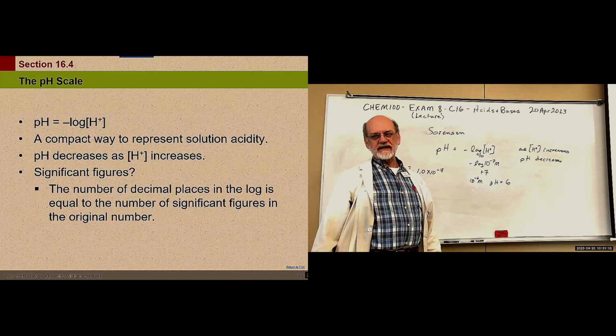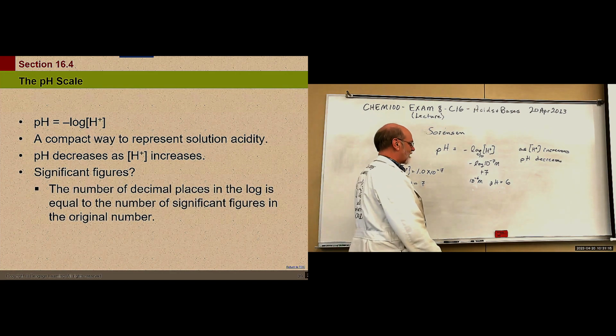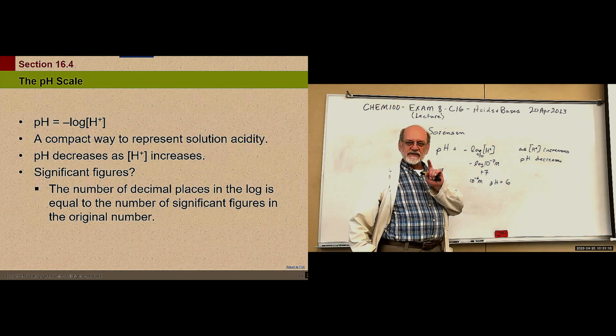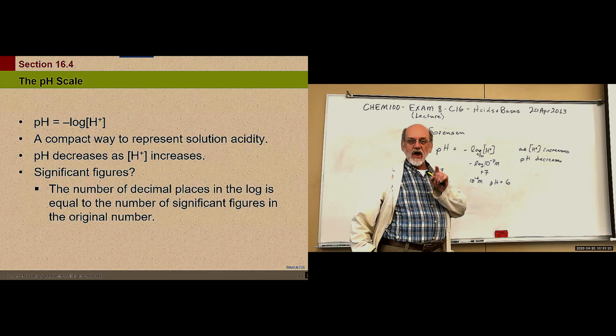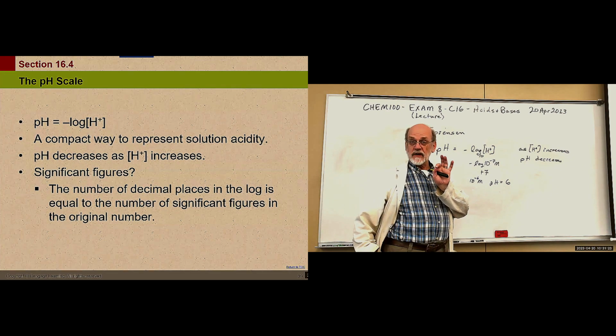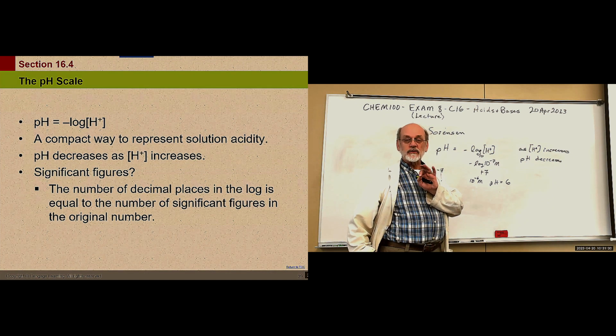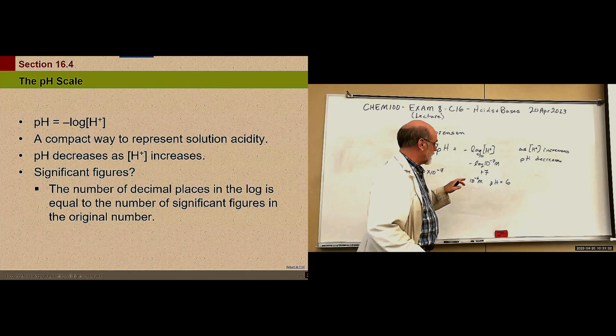Now, how do we deal with significant figures? The number of decimal places in the log, and this is from mathematics, the number of decimal places in the logarithm that is derived is equal to the number of significant figures in the original number.